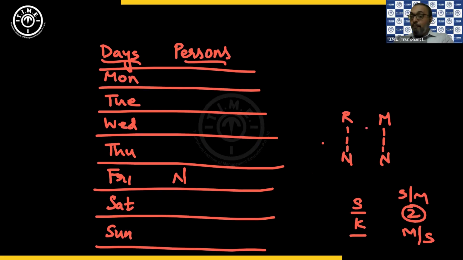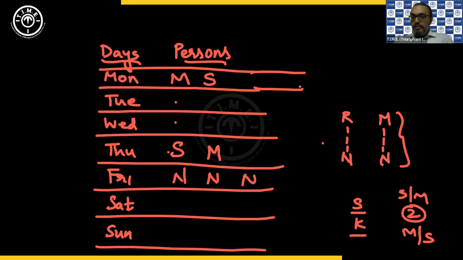Okay, so I know that M has to be before N. So M can occupy only Monday to Thursday. So I can start fixing M on a Monday, then leaving 2 gap, you can have S on a Thursday. Or you can also reverse it: S on a Monday, M on a Thursday, and N. N is definitely fixed.